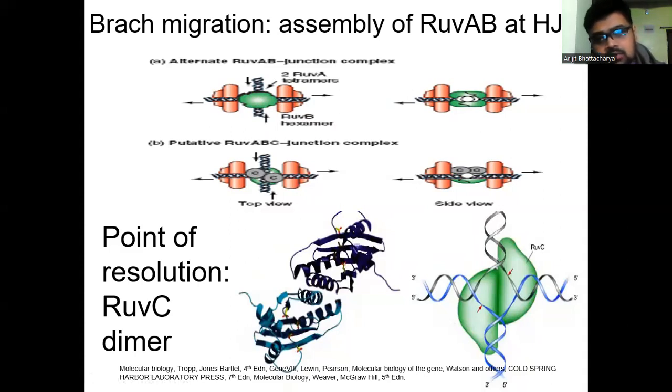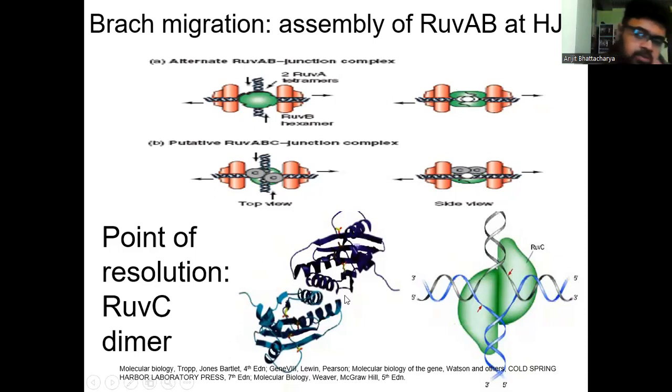Similarly, if you look at this complex from the top, it will look like that. There is this RAV which is bound to this particular site, and the RAVs are wrapping around the DNA, and thereafter it would start migration. So when it starts migrating, this is basically the view.